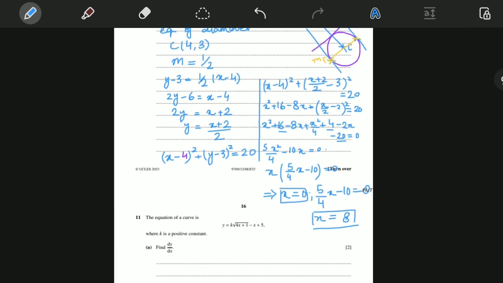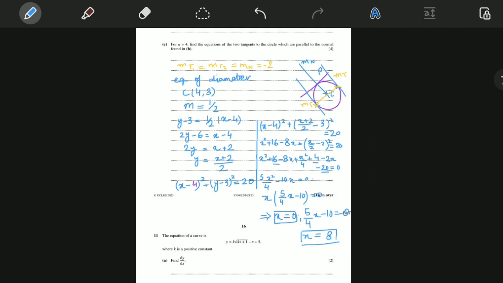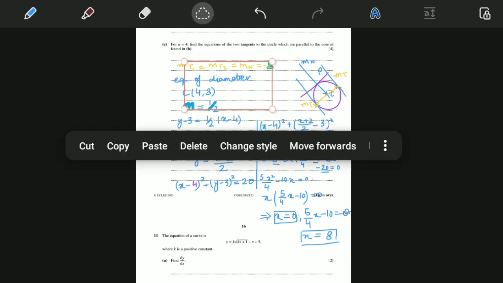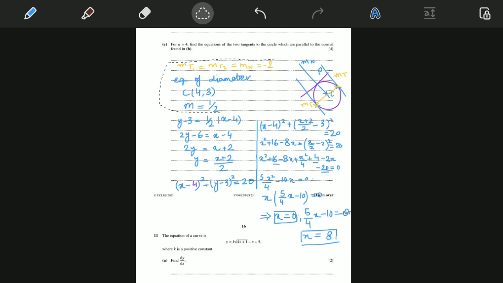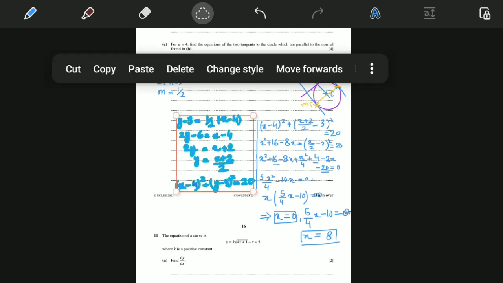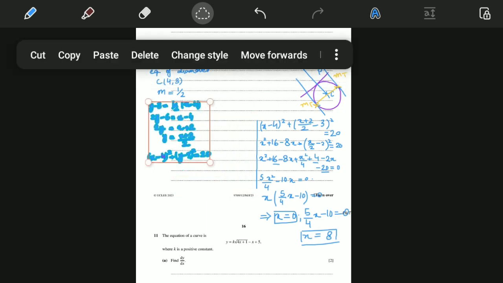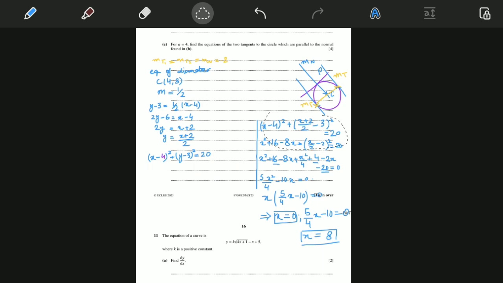From these two values of x we can find the two values of y. Again we need some arrangement because this is a lengthy question. You can always take an extra sheet for the working that you will be having. Okay, and then we will be having this.